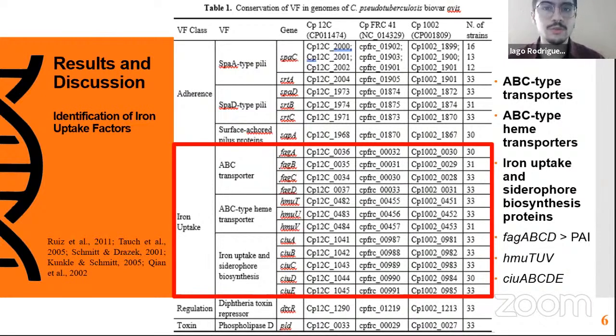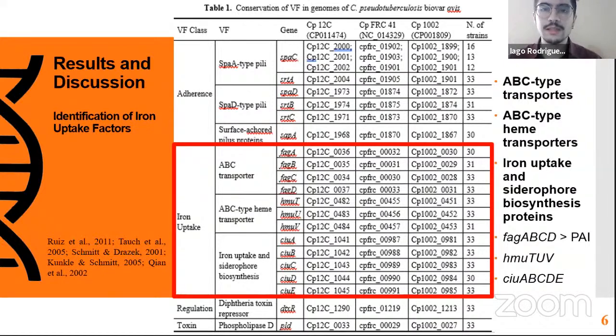We can also note that the ABC type heme transporters, which encode ABC type heme proteins, are conserved in most of the biovar ovis genomes as virulence factors, for example, HMUT, U, and V.